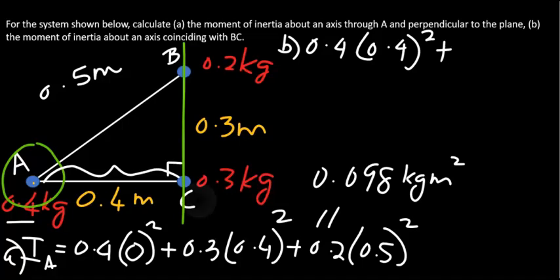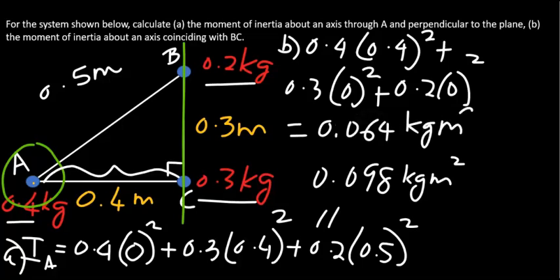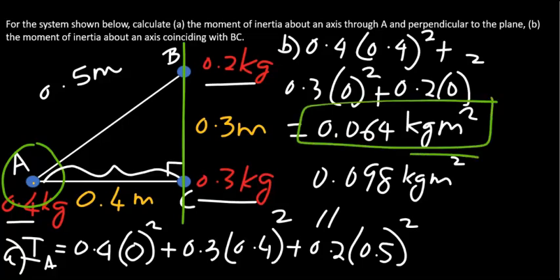The second contribution is 0.3 kg, but it lies exactly on the axis, so 0 distance from the axis. Likewise, the third contribution, 0.2, the distance is 0 because the 0.2 kg object lies also exactly on the axis, so 0 squared. And you're going to get 0.064 kg meter squared. So this is the answer for part B, as opposed to 0.098 for part A.